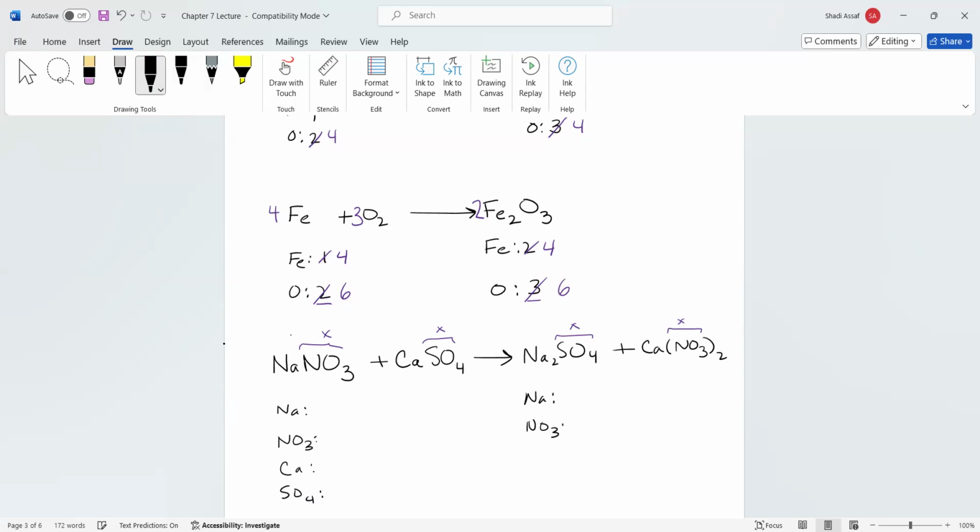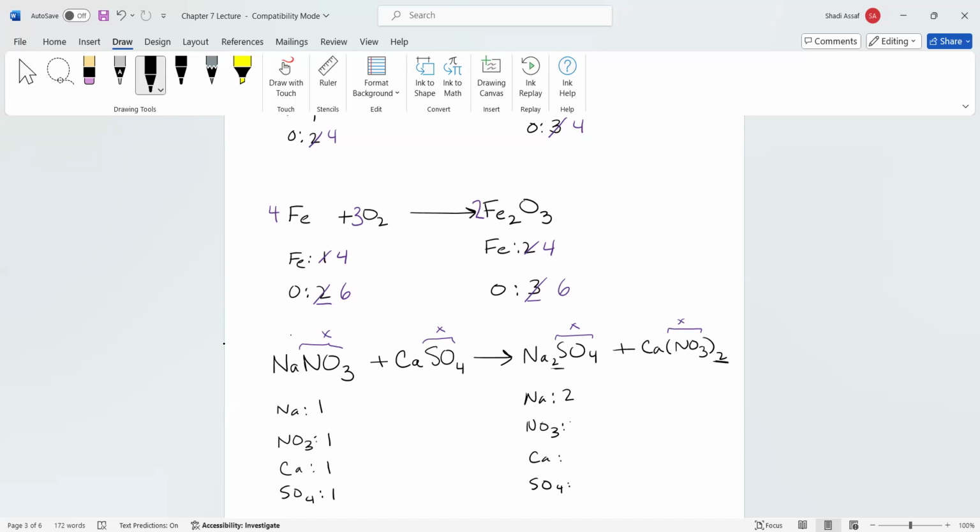Now, you may actually balance this by using the individual atoms. That's absolutely fine, but it will take you longer. I'm just going to let you know. So here we have one sodium, one nitrate as one X, one calcium, and one sulfate. On the other side, we have two sodium atoms. Well, let's look at the nitrate.